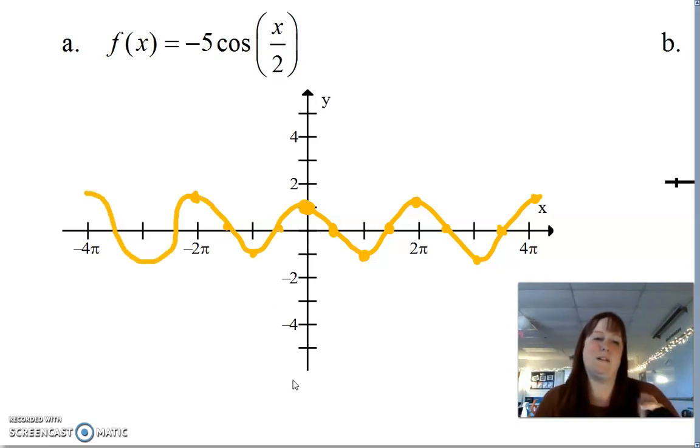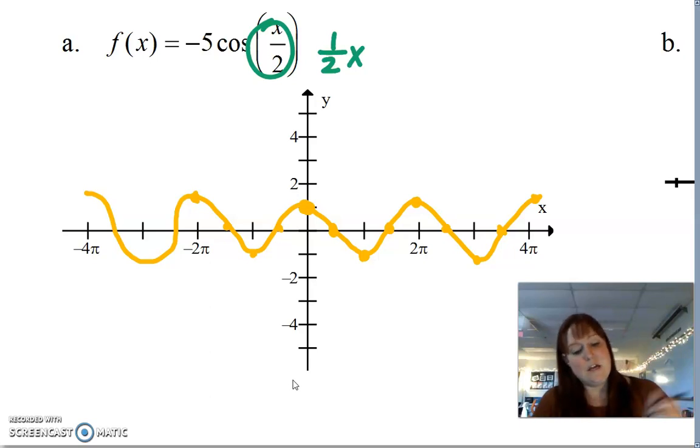Okay, that's not great. All right, so then the 1/2, remember this 1/2 in here with the x is really like 1/2 x, so it takes all of our x values and multiplies them by 2 because it's the opposite of what we see. So we're going to take our x values and multiply them by 2. That x value stays the same because it's 0. But instead of this being at pi over 4, now it's at 2 pi over 4, which is pi, right?